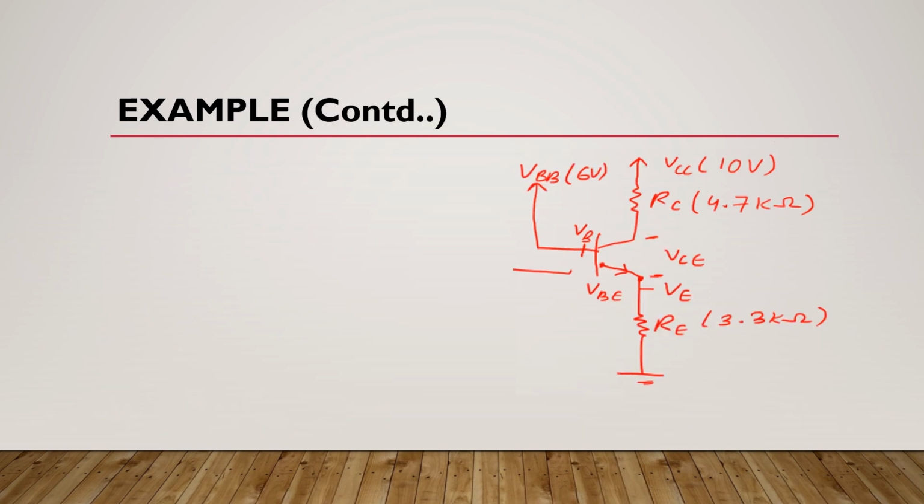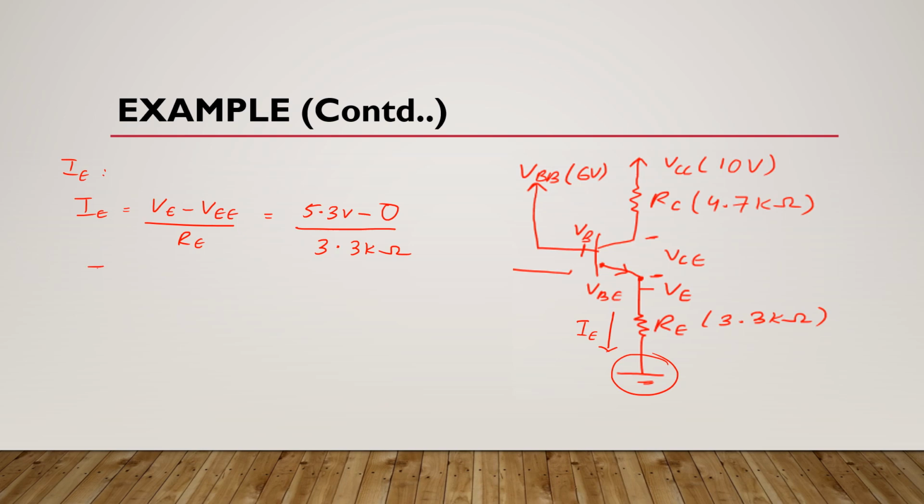Now we will find emitter current, IE. We know that IE flows in this direction. So the formula of IE will be VE minus VEE divided by RE. Here we know that VE is 5.3 volts because we calculated this VE in our last slide. Here this emitter is grounded. It means VEE is 0 and RE is 3.3 kilo ohms.